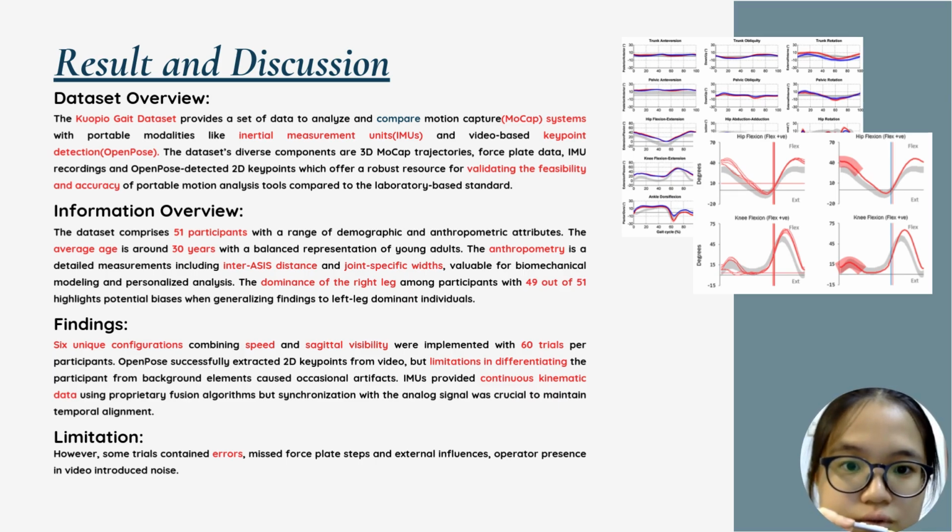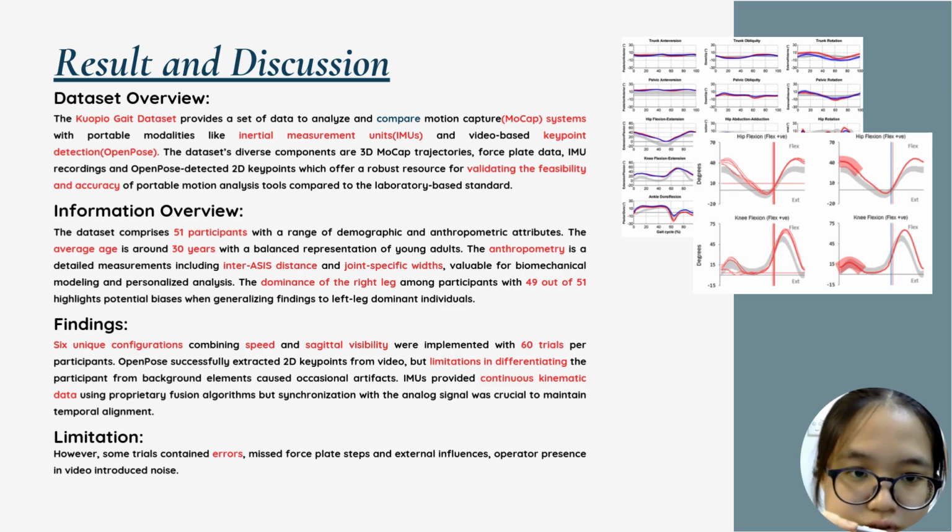IMUs provide continuous kinematic data using proprietary fusion algorithms, but synchronization with the analog signal was crucial to maintain temporal alignment. However, there are limitations from the study. Some trials contain errors, misplaced force plate steps, and external influences, such as operator presence in the video, which introduce noise.